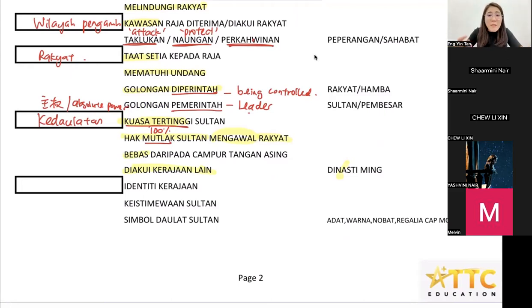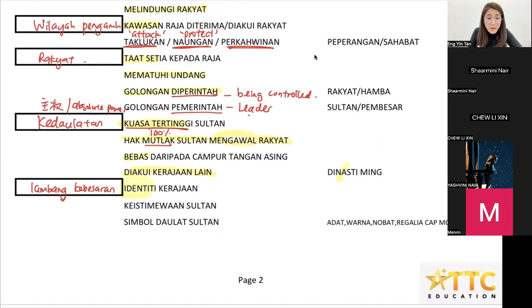So they need something to prove their identity, which is the thing called lambang kebesaran. So we need all this to symbolize our government, the special power of the king, and symbol Daulat Sultan. See, it's a symbol, representing something of the kingdom.